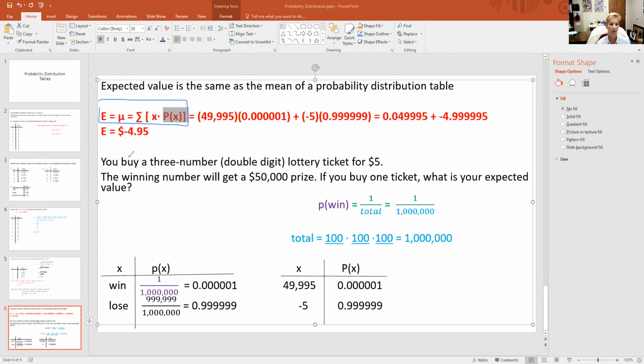Now, look at this problem. You're going to buy a lottery ticket. The lottery ticket is a 3-number ticket. Remember, you go to the convenience store and you're going to pick 3 numbers, and they're double digits. So remember, every number can be 0 to 99.